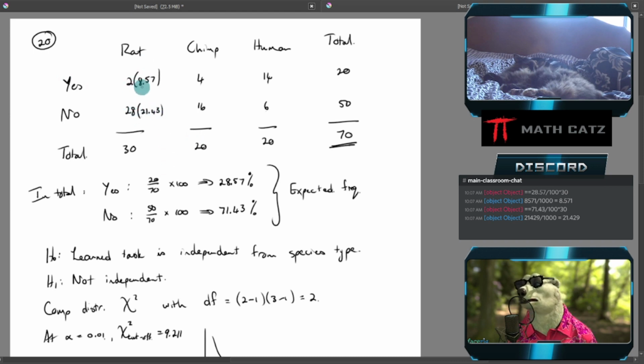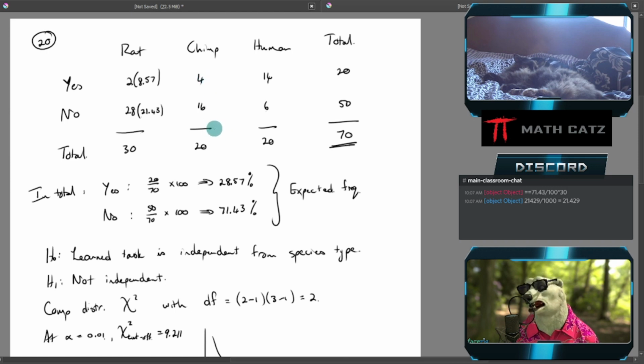So there is some fluctuation between what I expect and what I observed, but that could just be natural fluctuation because of the sampling, right? From one sample to the next, it's going to happen. Let's finish it for the chimp and the human.